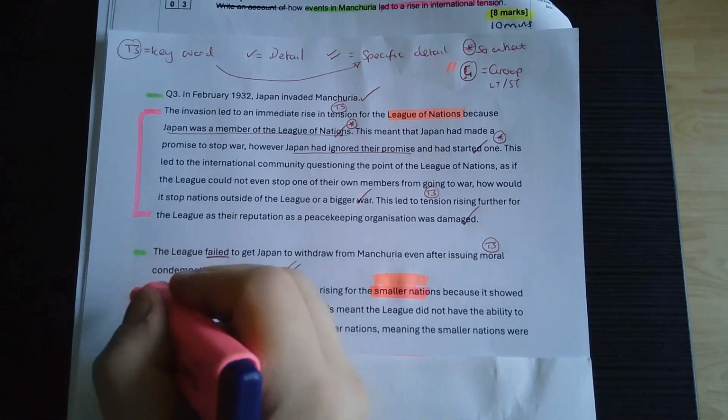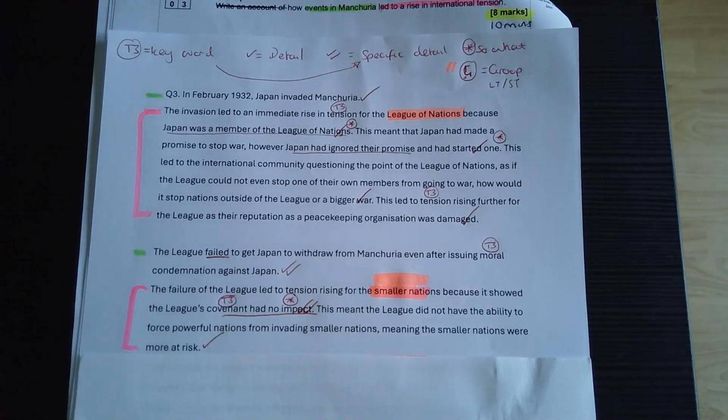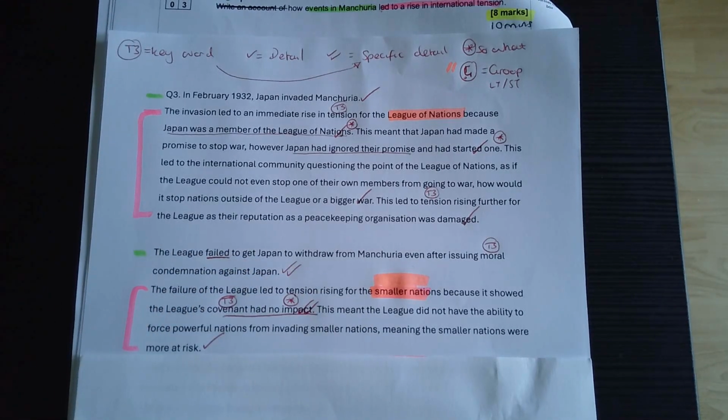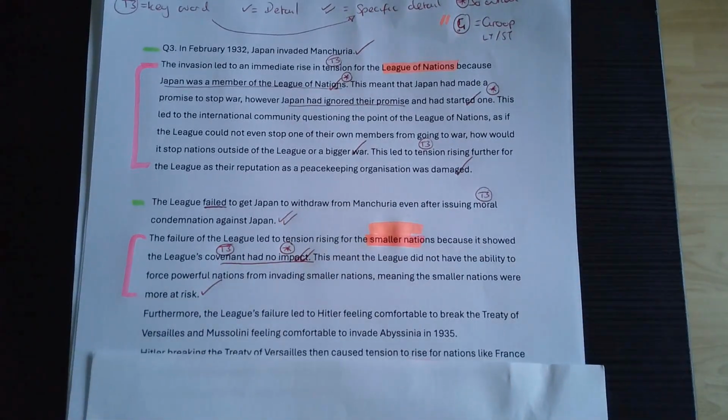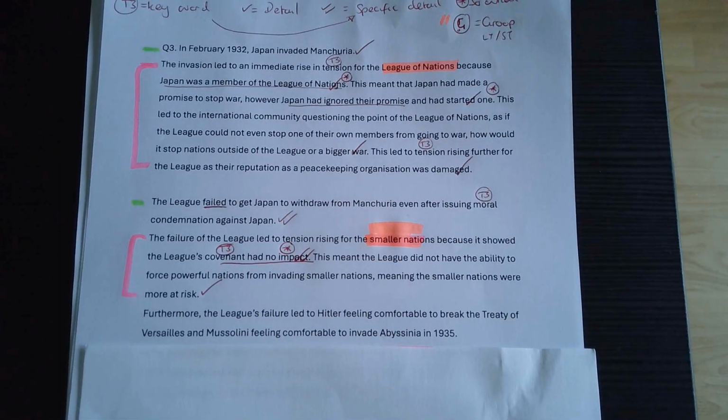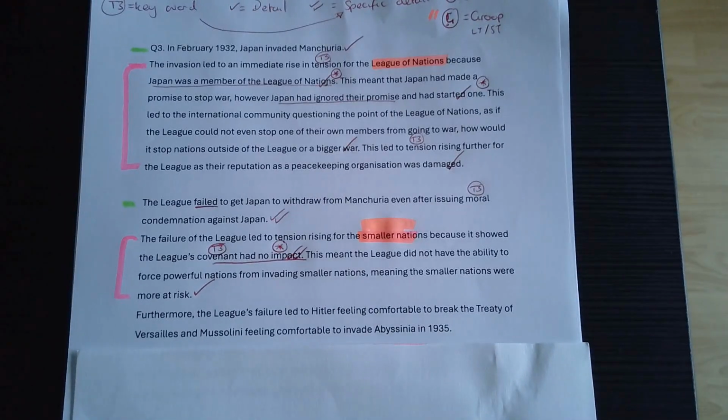So I'm just going to add this here that you can see led to a rise in international tension. But for example, I'm going to say, right, okay, the covenants failed, so what if the covenants failed? Well, this failure led to Hitler feeling more comfortable to break the Treaty of Versailles and Mussolini feeling comfortable to invade Abyssinia in 1935.